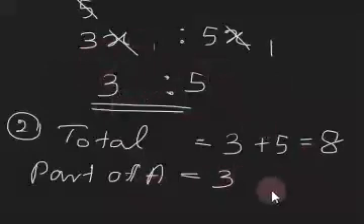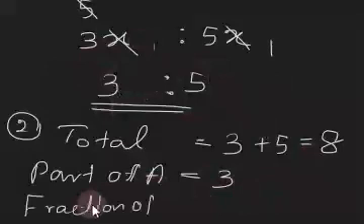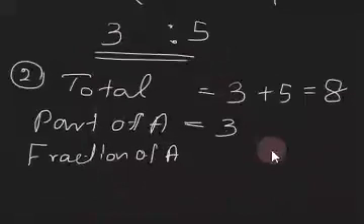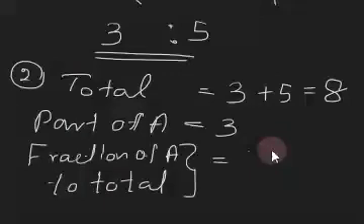So the fraction of A to total is 3 over 8.